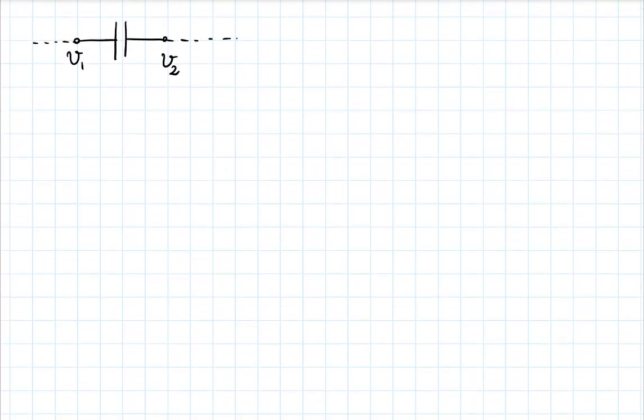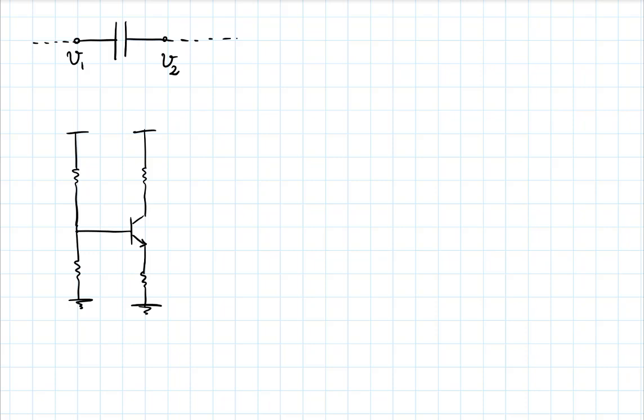If I go to one of these amplifiers that I drew before, I can bias it like this, and then apply my small signal V in, which is an AC signal, there.